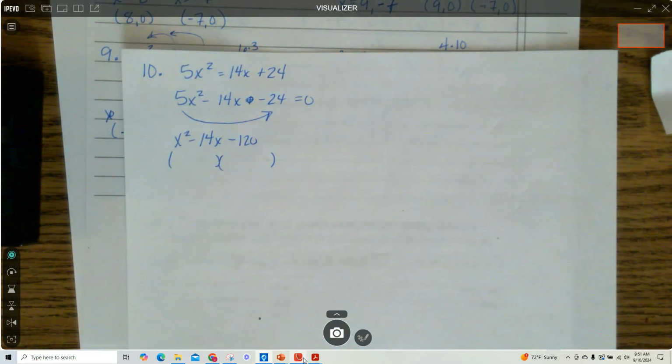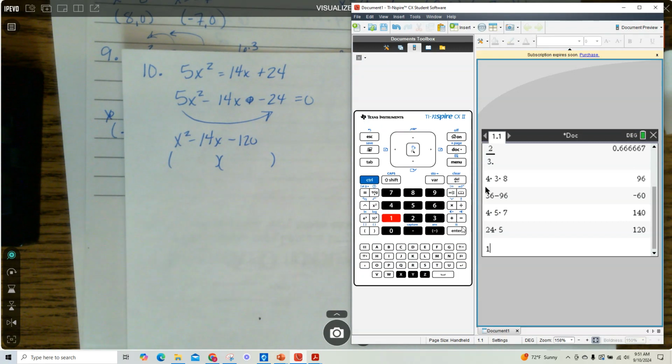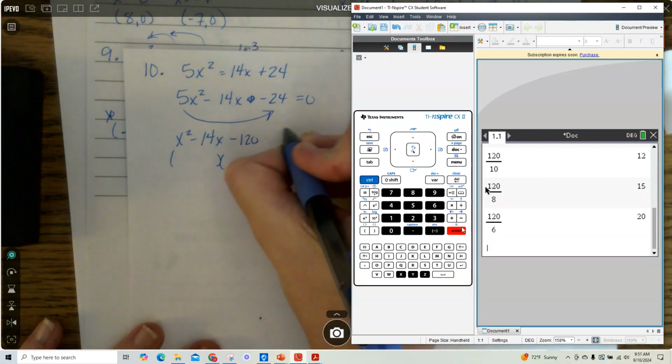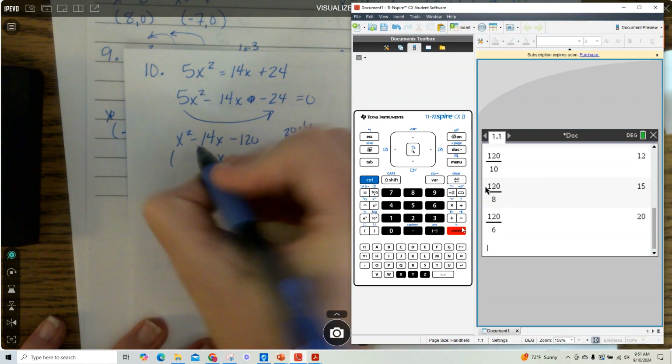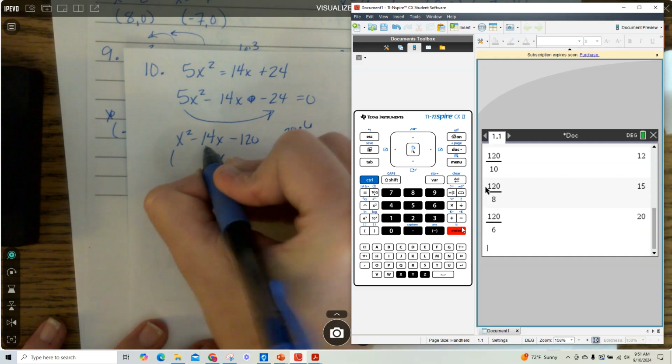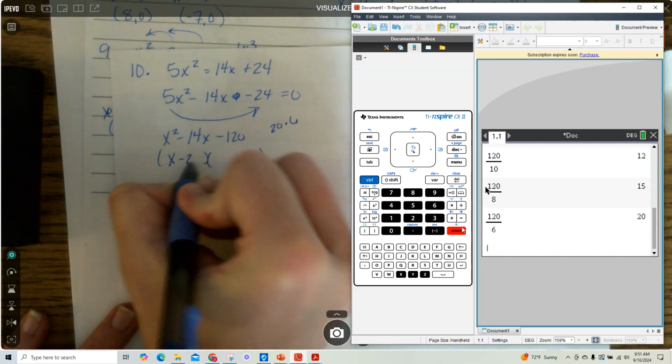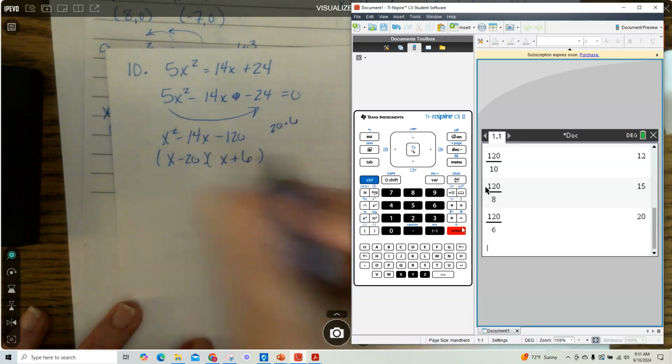So 120, we need two that are going to make 14. 10 and 12 won't make a 14. 8 and 15 won't. 20 and 6 will. 20 times 6. So the 20 has to be negative to get a negative 14. So x minus 20, x plus 6.